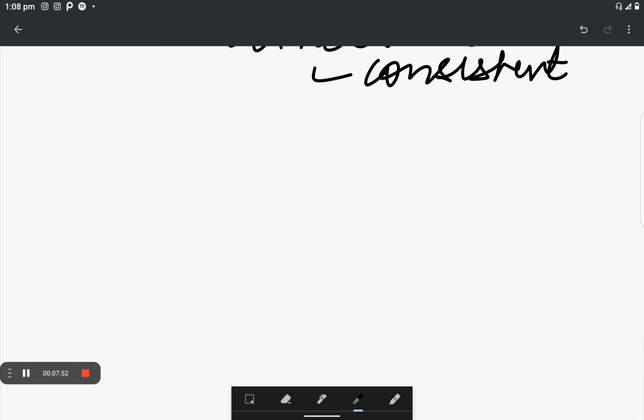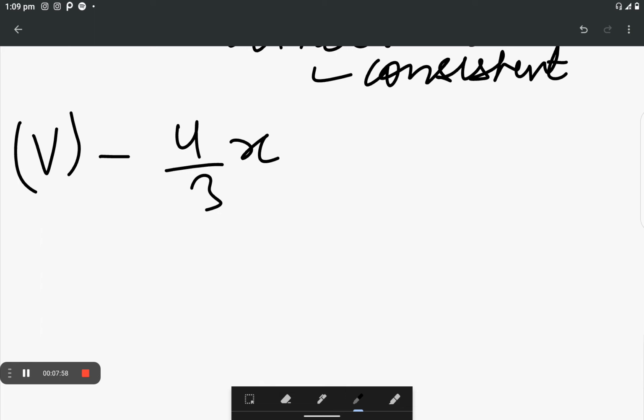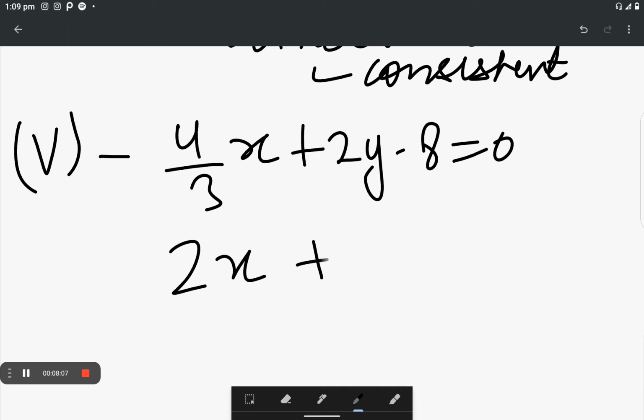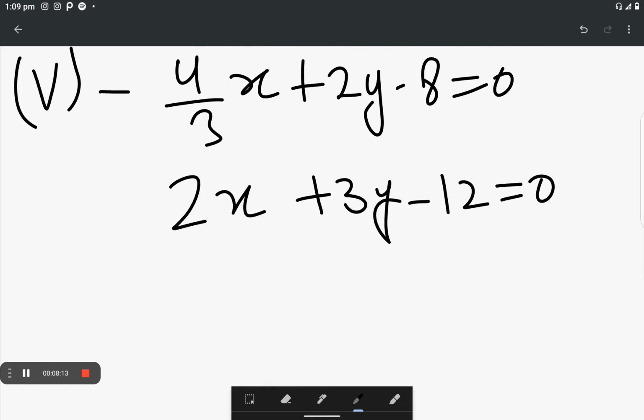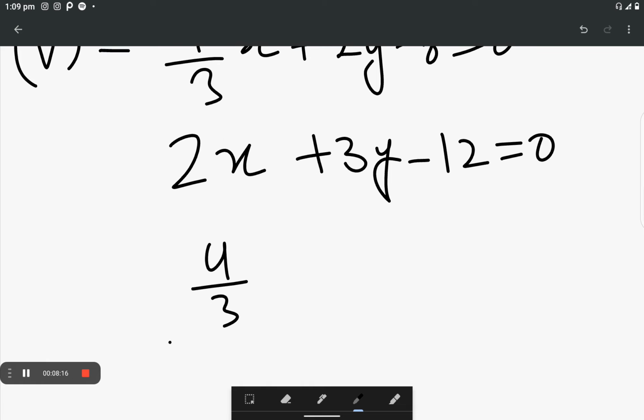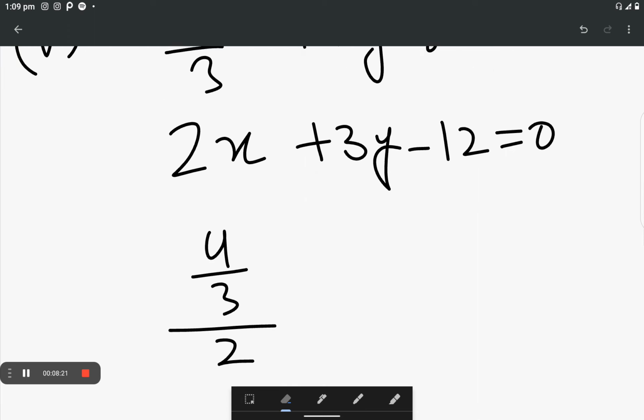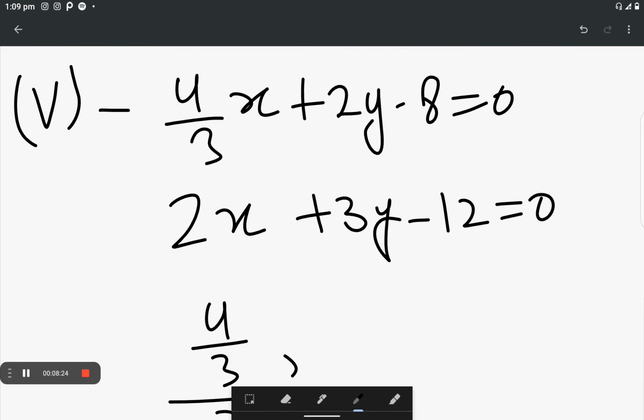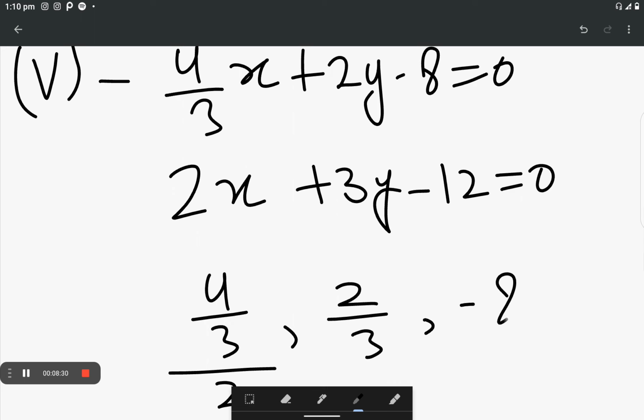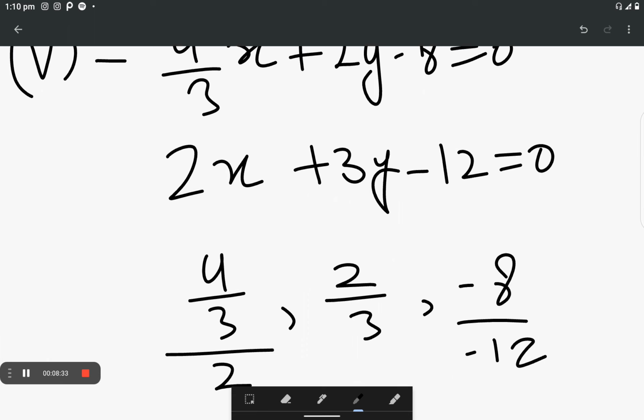Now the last part, that is part 5, 4 upon 3x plus 2y minus 8 equals 0, 2x plus 3y minus 12 equals 0. Let's write it down. A1 upon A2 is 4 upon 3 upon 2, B1 upon B2 is 2 upon 3, and C1 upon C2 is minus 8 upon minus 12.